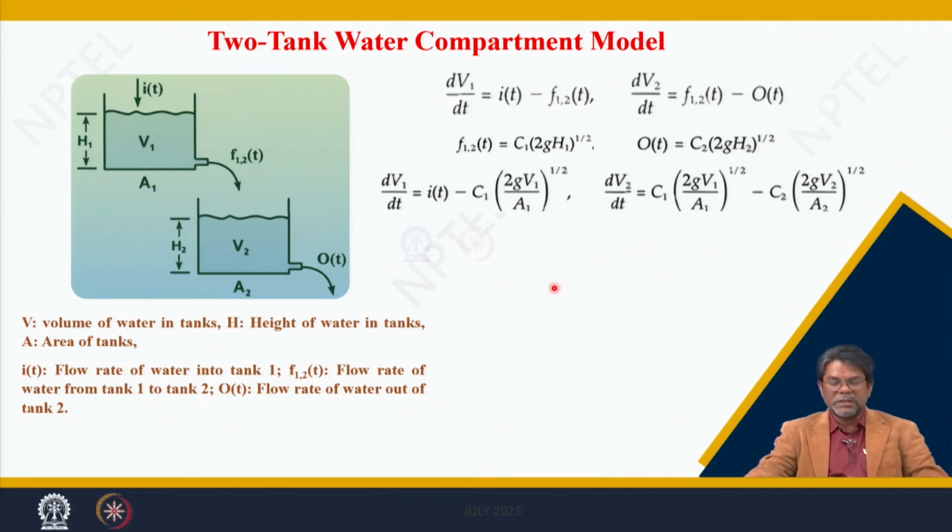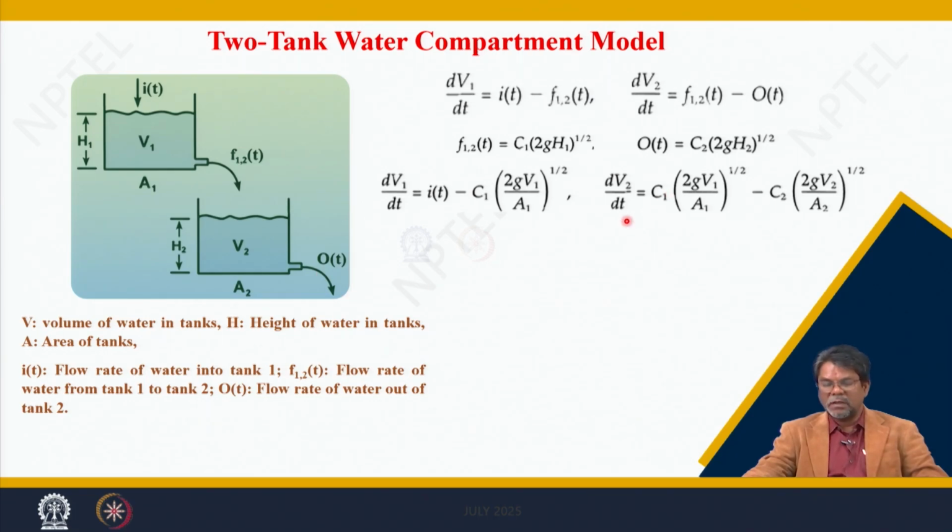So, the change in volume of water in tank 1 with respect to time is equal to the inflow of water into tank 1 minus the outflow of water from tank 1 to tank 2. Similarly, if you go to tank 2, the change in volume of water in tank 2 with respect to time is the inflow of water F1→2 minus the outflow of water.